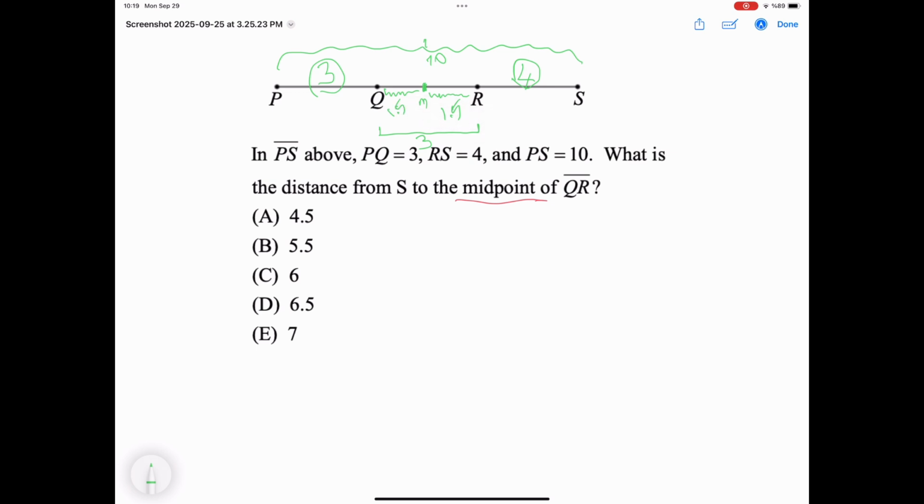What the question asks is the distance from S to the midpoint. Let's change the color. So this area, from the midpoint to S, is 4 plus 1.5, which is 5.5.